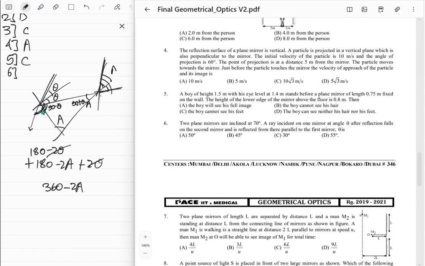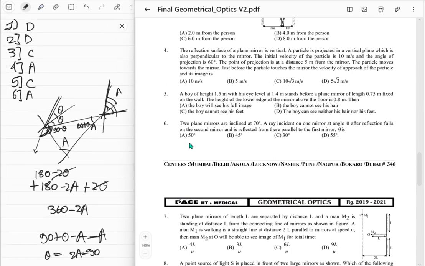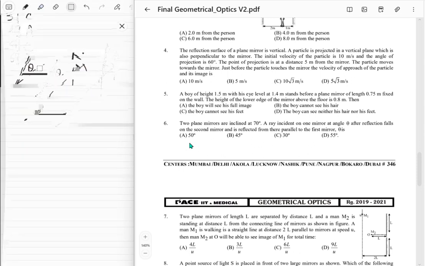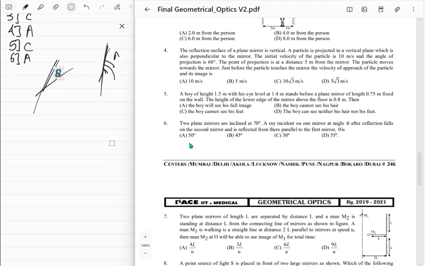So this quantity 90 plus theta minus A should be equal to A. That just means theta is equal to 2A minus 90. In this particular case, it's 140 minus 90, which is 50. So it should be 50 degrees. This is a nice value, I think. I'm not going to remember this in any way, but whatever. It's like 360 minus 2A.